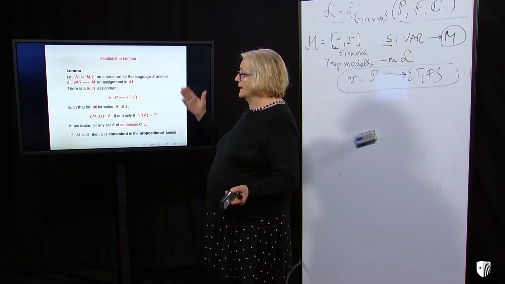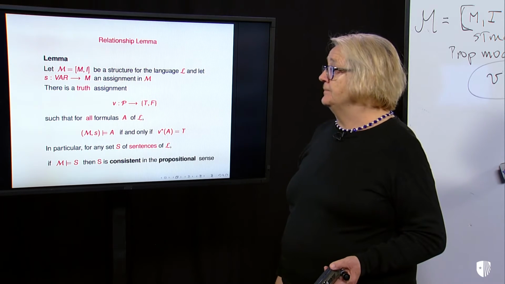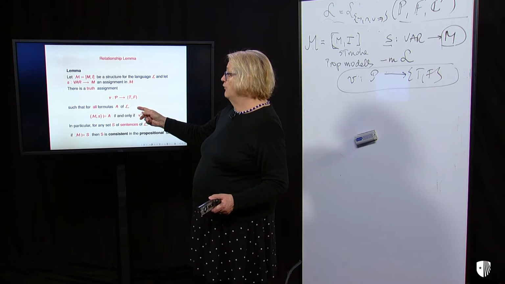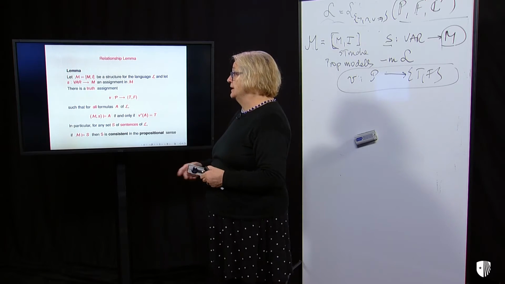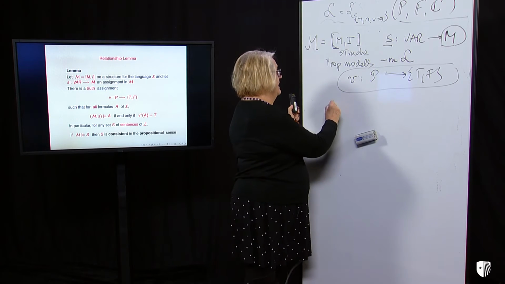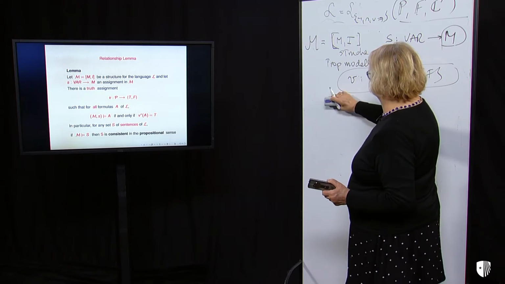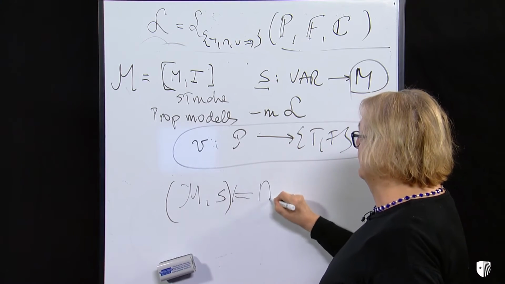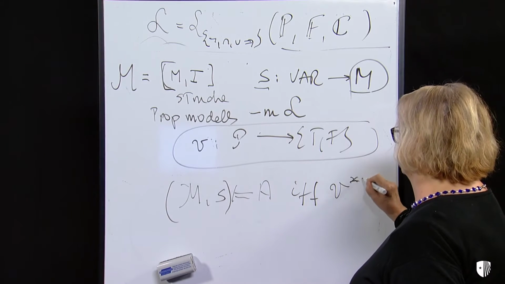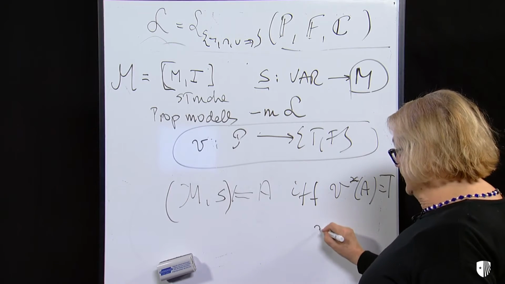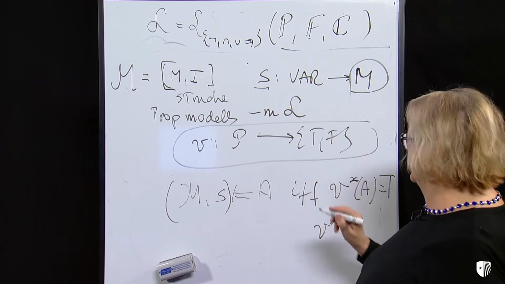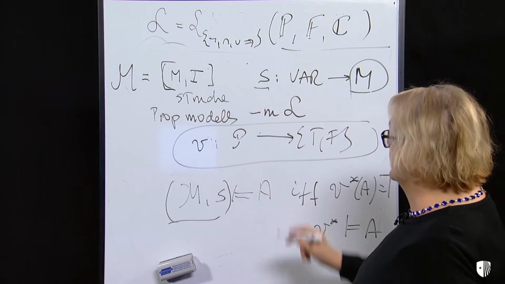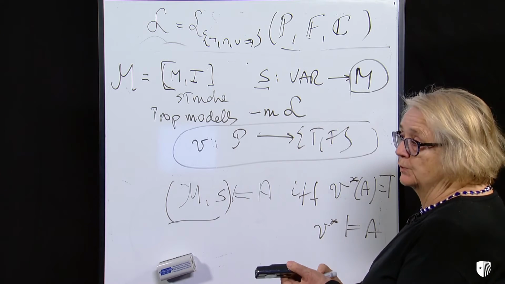Given a structure for the language and a variable assignment, there is a truth assignment V in this sense, such that for all formulas A of the big language, the structure M, S is a model of A if and only if V star of A equals T. Or you can say that propositional V is a model of A. So here you have a structure and assignment, and here you have our V, that's why it's called a propositional model.